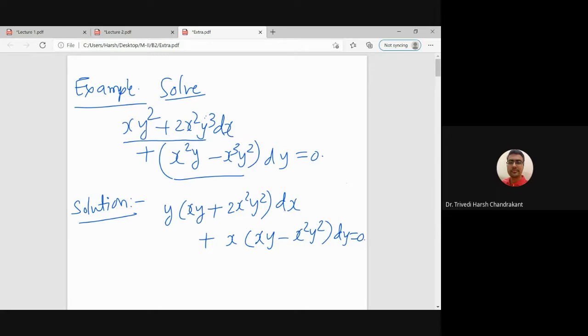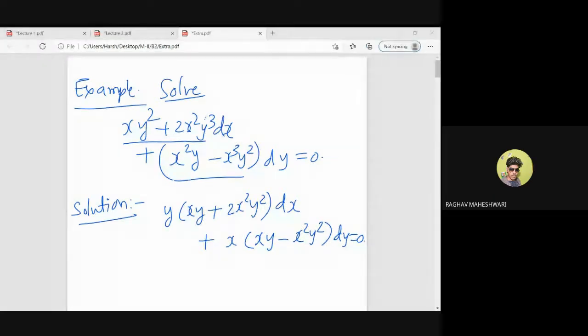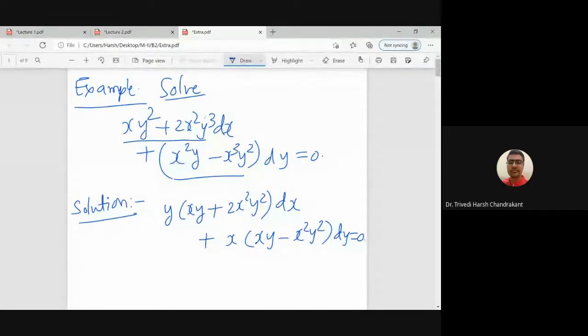Excuse me, sir, is the dx common to both the terms? We are saying, sir, in the question you have written dx along with 2x square y cube only. 2x square y cube, yes. Yeah, you are right, there is a bracket, yeah, you are right.